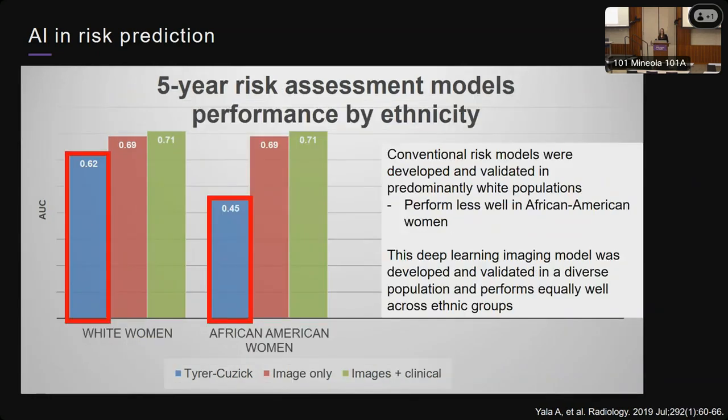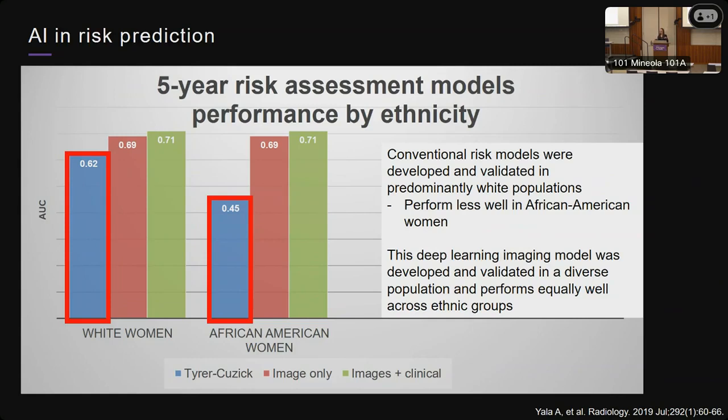Now, then they split it up into ethnicity. So Tyrer-Cuzick didn't do so badly in the white group. In the white women, it was at 0.62. But in African American women, it honestly didn't do well at 0.45. And that's because Tyrer-Cuzick and other clinical risk models often have been developed and validated in white populations, so they don't perform as well in other populations.